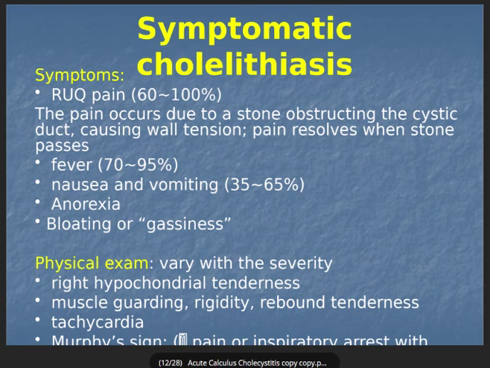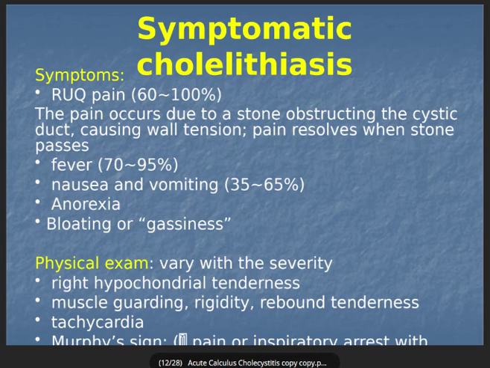If the stone persists in the duct and the obstruction persists, then you end up having more persistent pain, and that persistent pain lasts for more than 2 hours. It's not related anymore to CCK.